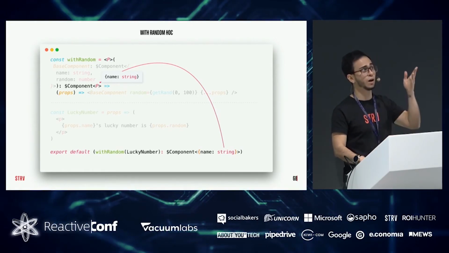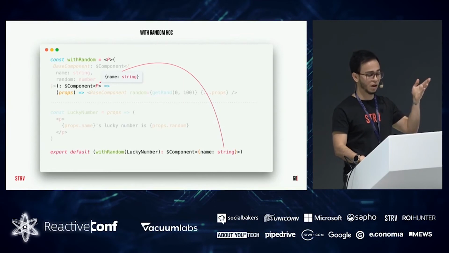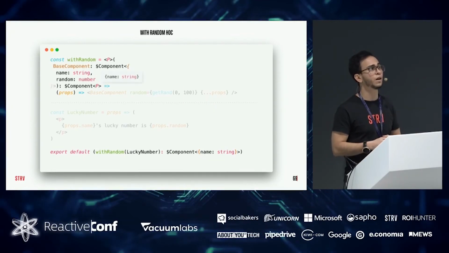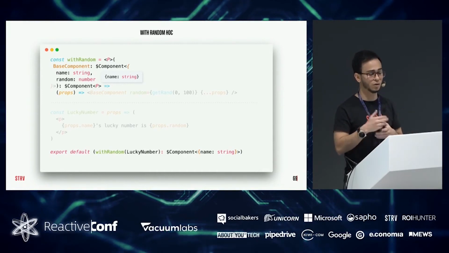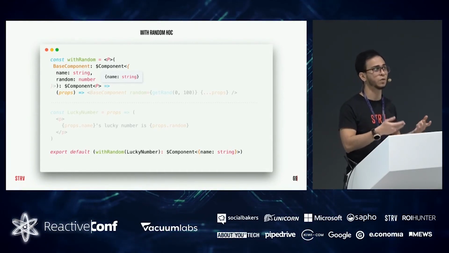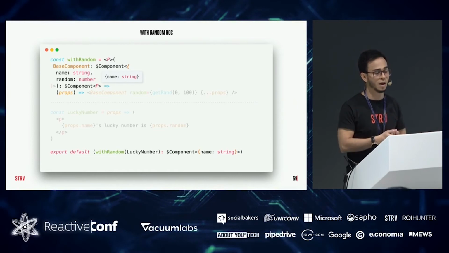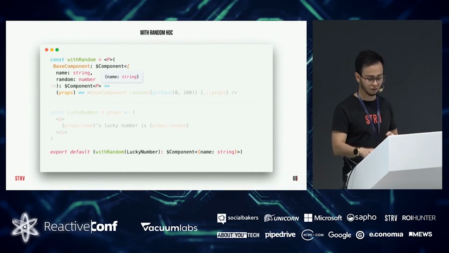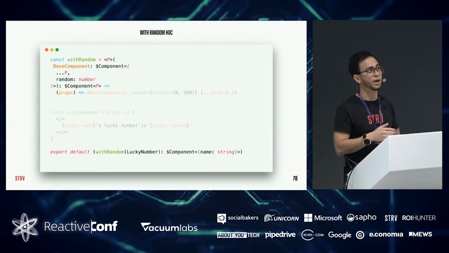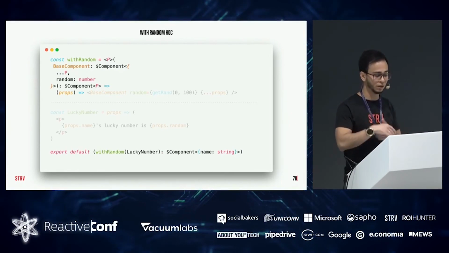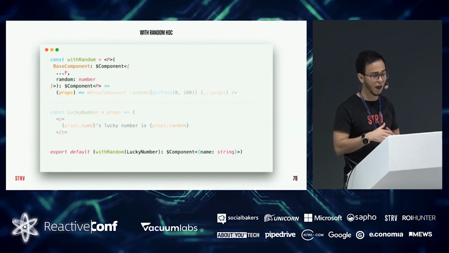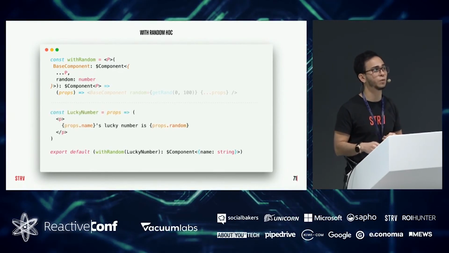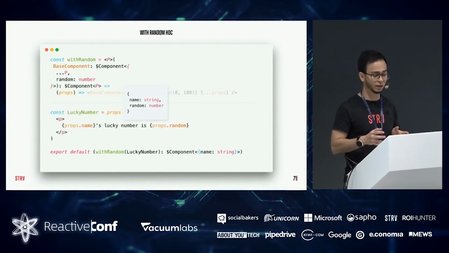Now, as you can see, we have now name string, and we also use it on the inner component. So we can replace what we previously had, and that way we just spread the P, which contains the name string, and right now we will have exactly what we had before, but just with type inference.